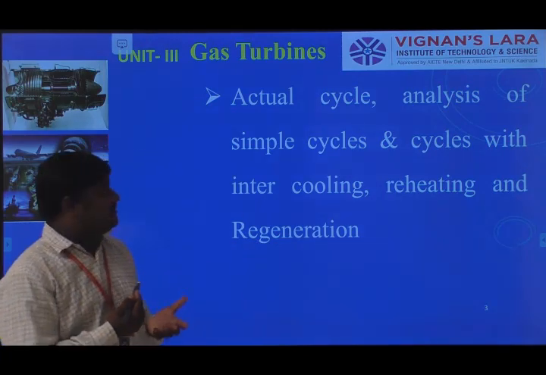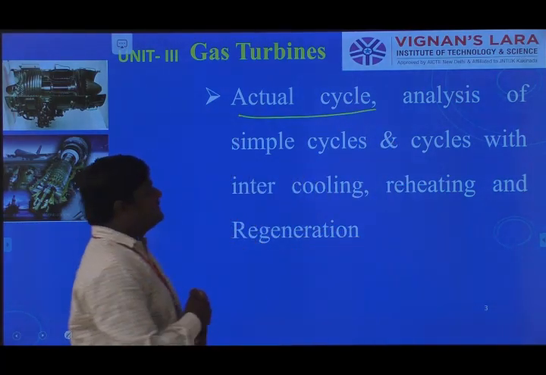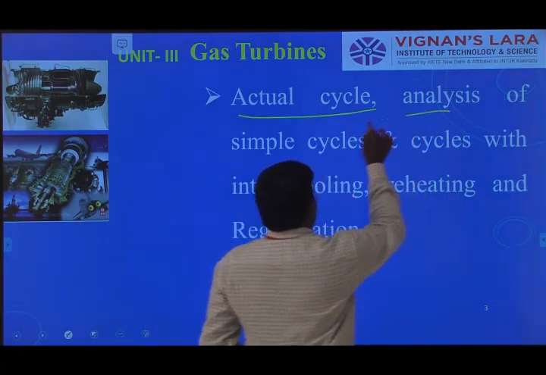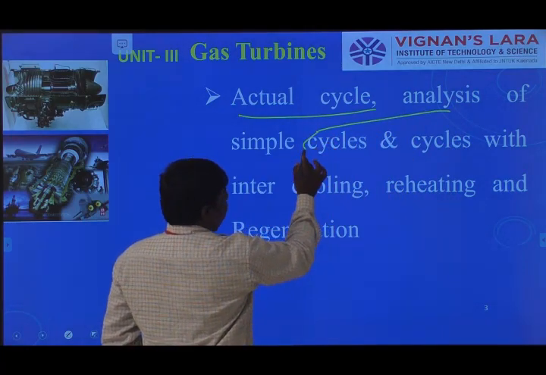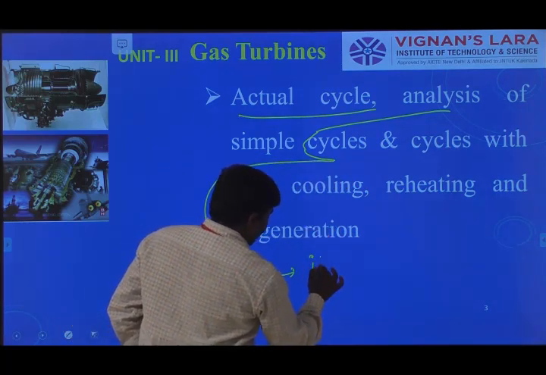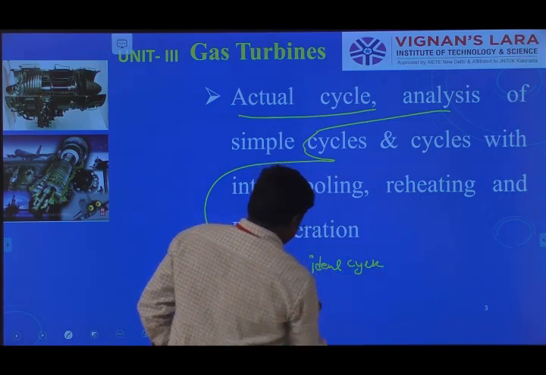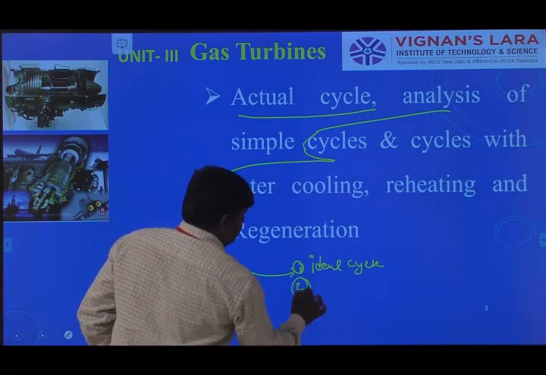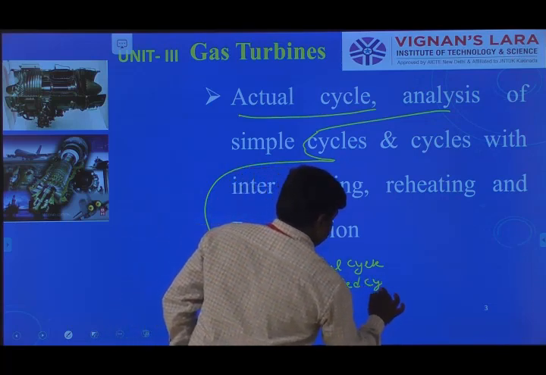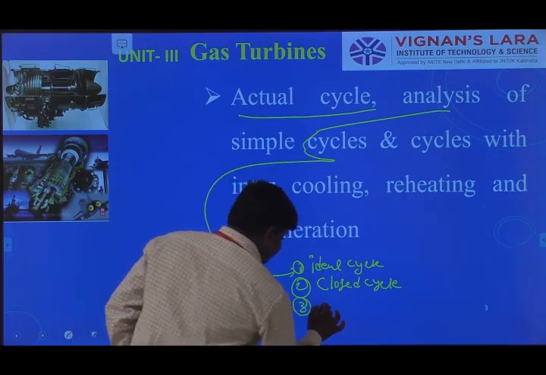We can call it the analysis of simple cycles: the first is the ideal cycle, the second is the closed cycle, and the third is the open cycle.